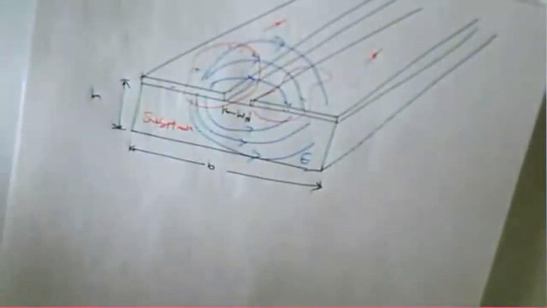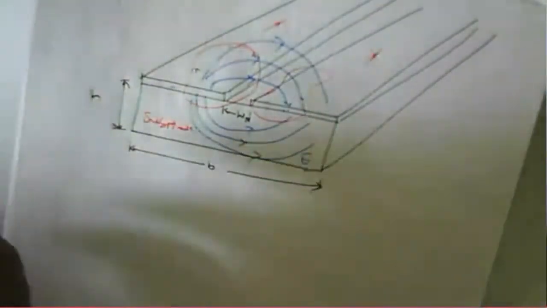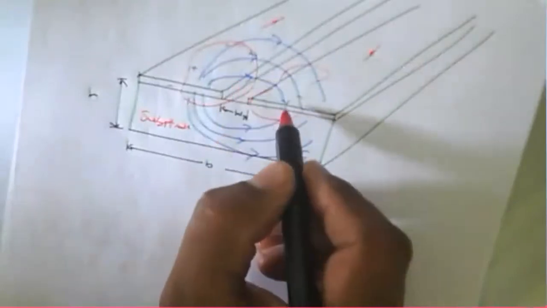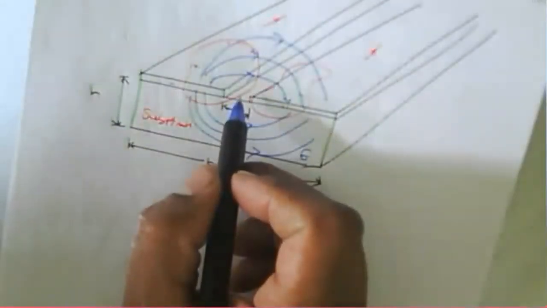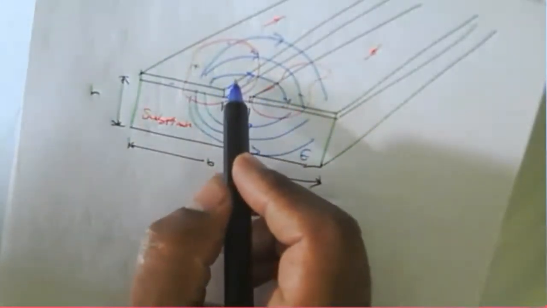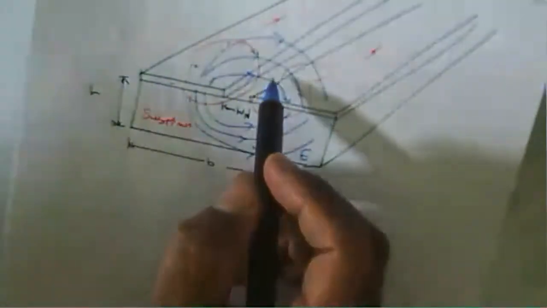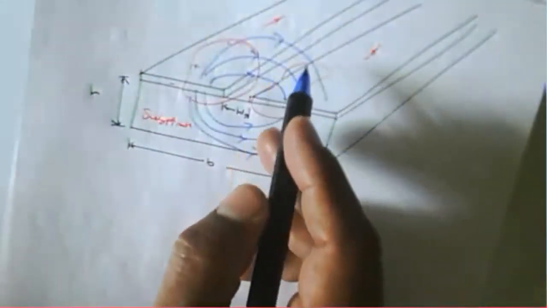Again, about the polarization of the electric field and magnetic field: since the two conductors are nearby, there will be circular polarization of this particular magnetic field, because the slot is nearby.